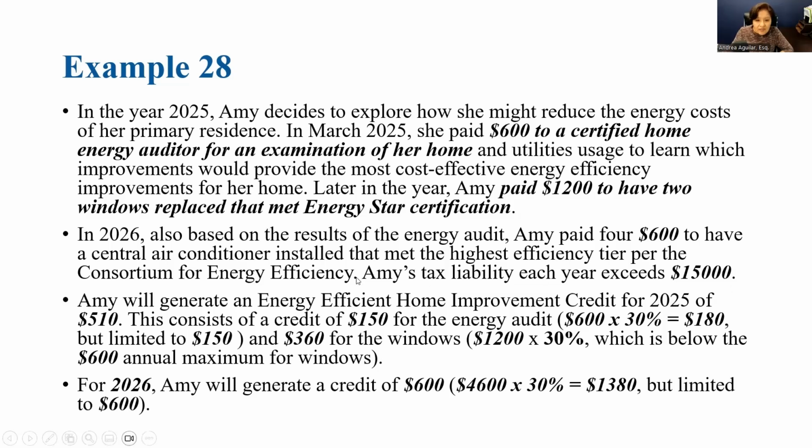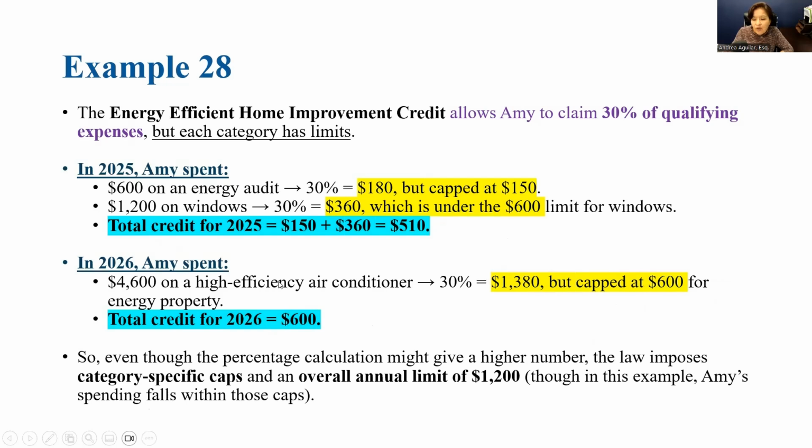And we're going to see here in this next slide how that happened. The energy efficient home improvement credit allows Amy to claim 30% of qualified expenses, but each category has limits, as we just learned. So in 2025, she spent $600 on energy audit. 30% of that amount is $180, but she is capped at $150.